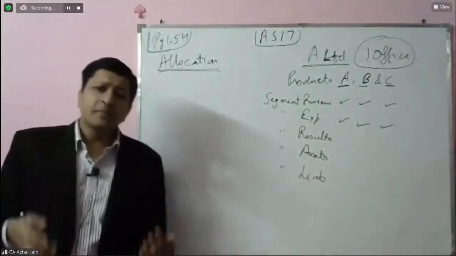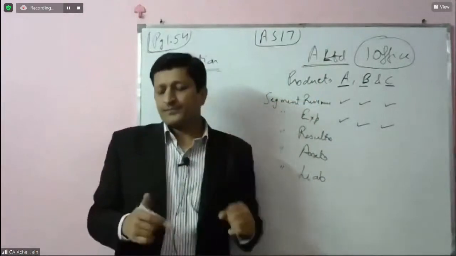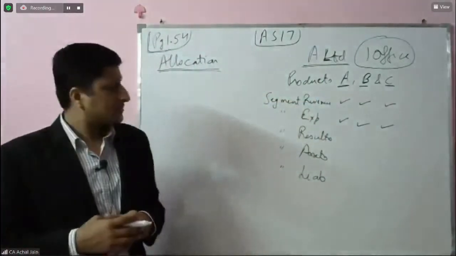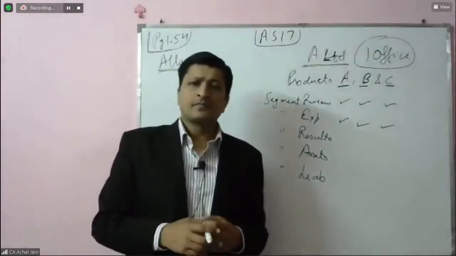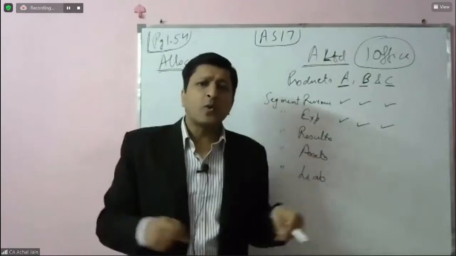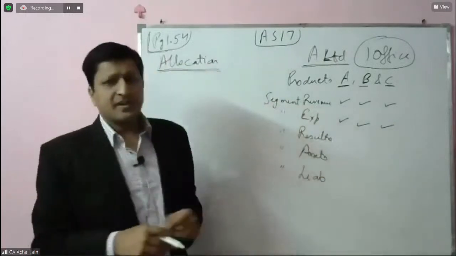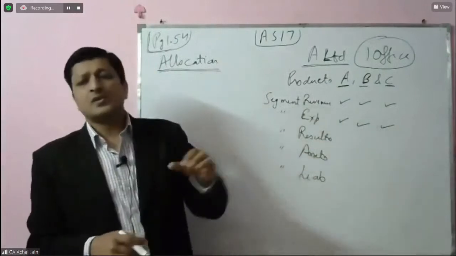Why? Because they will know what items have been purchased and what has been spent for this. But let's talk about salary, because people are common within this company and they are working on 3 products.